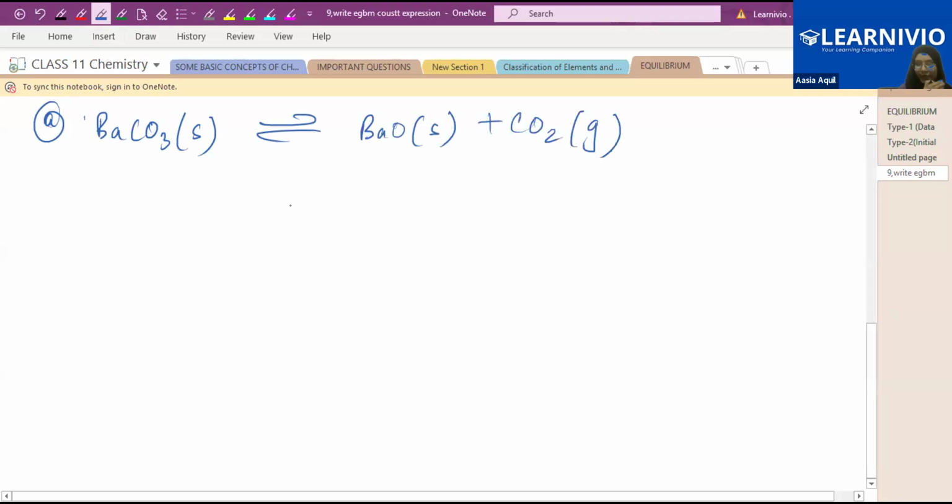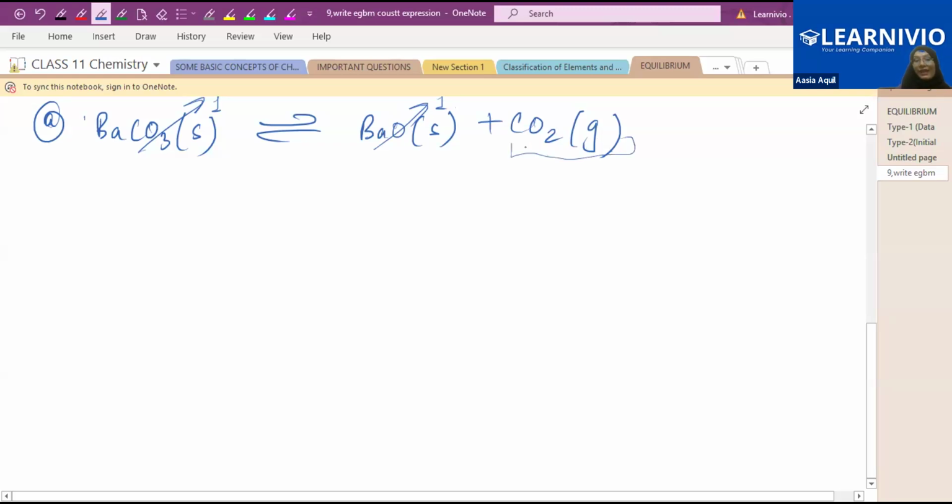For the pure solid and for the pure liquid, the concentration becomes unity, so you will not consider these in your equilibrium equation. When you're not considering these because they are pure solids, you will consider only this carbon dioxide, which is in gaseous phase.